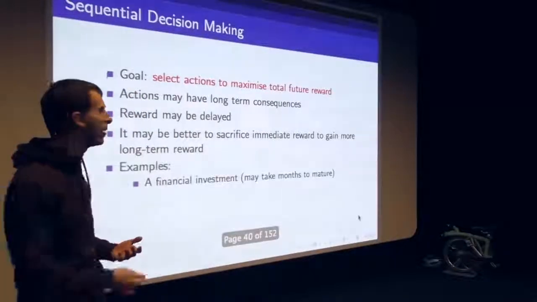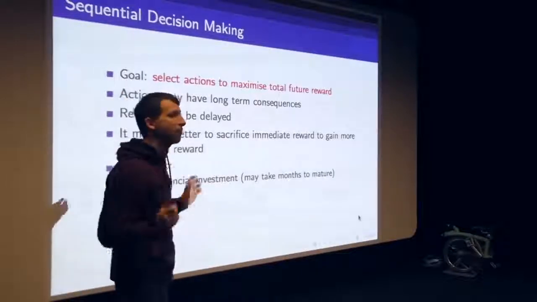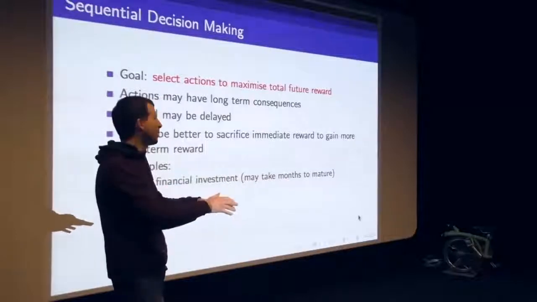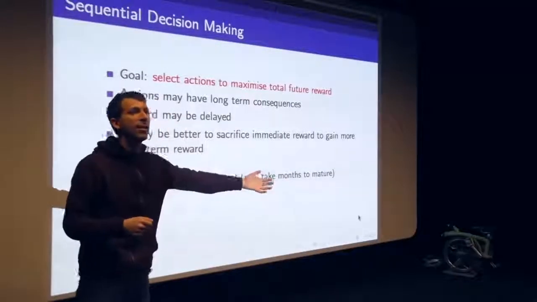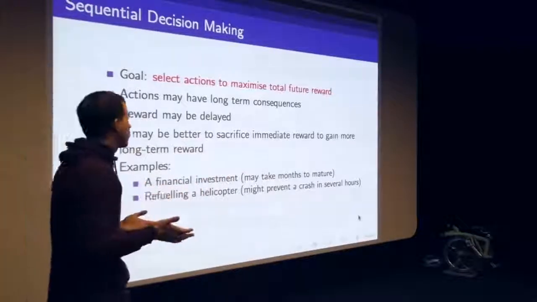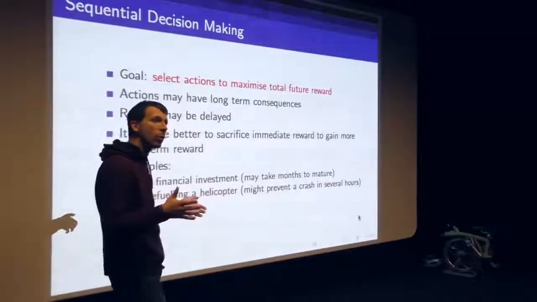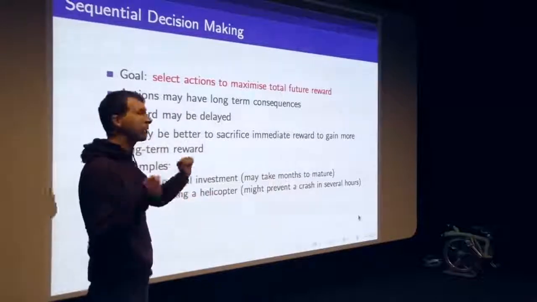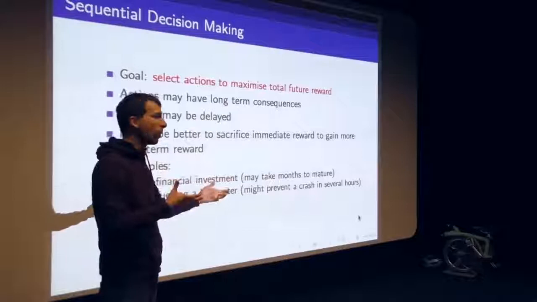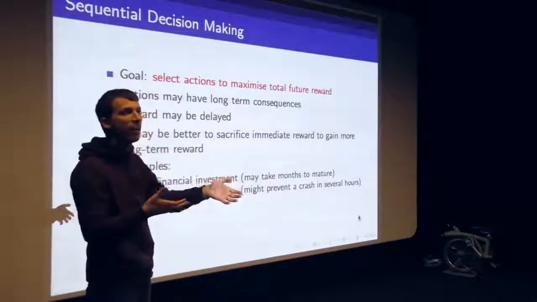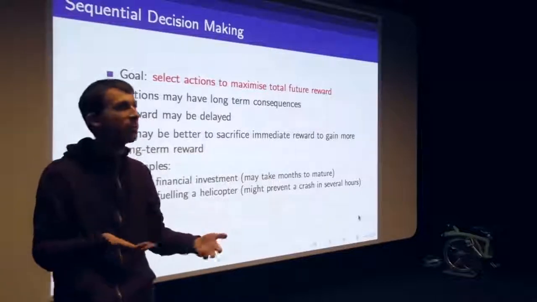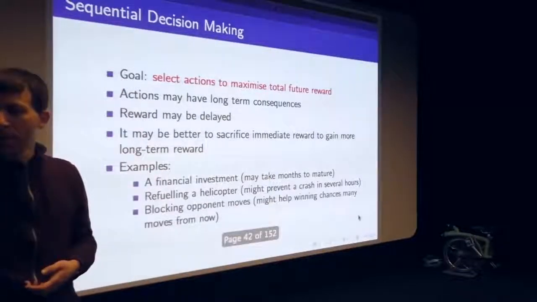An example of that would be a financial investment where you have to spend some money now, so you're losing money, but then you believe that later you'll get more money back once this matures. Or in the helicopter example, maybe it's running low on fuel. So you might want to stop, lose some reward for following your maneuvers, to refuel for a while, but that might prevent a crash in several hours' time and therefore lead to longer runs and more reward in the long run.